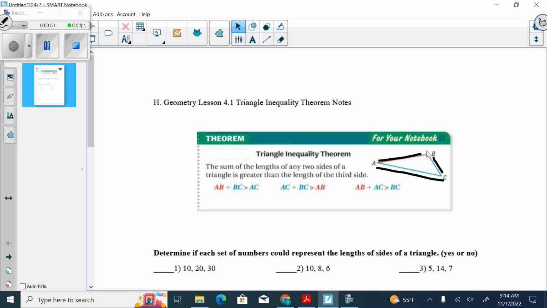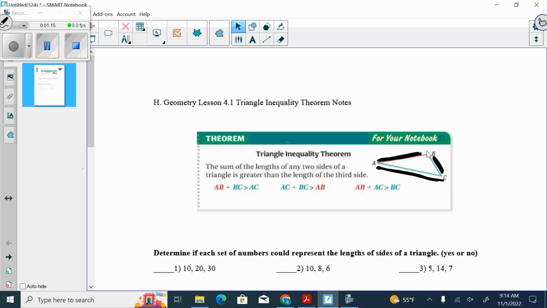If I add those two up, it has to be greater than the green side. Next, the green side AC plus the blue side BC has to be greater than the red side AB. And the last one says AB, the red side, plus AC, the green side, is greater than BC.